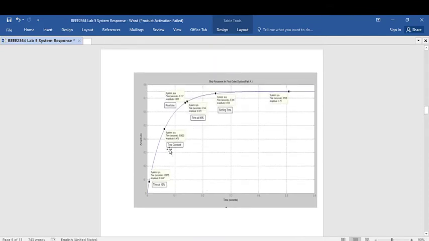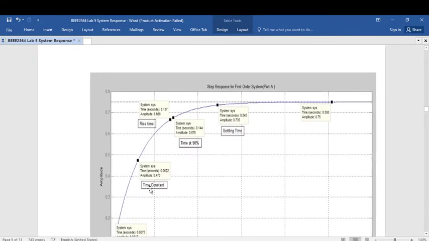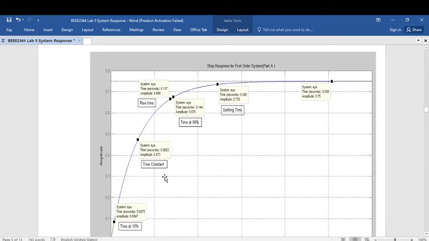And on the graph, we just label it. I have labeled 0.0622 as the time constant, and at 0.137, we have the rise time.